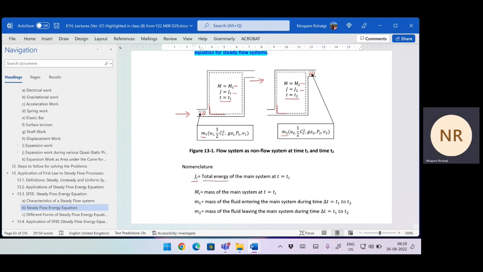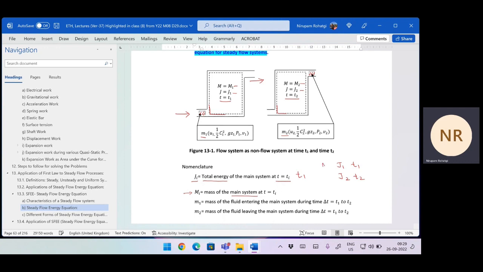It is at time T1. At time T1, this is the energy, and this is the mass of the main system. So on the left side you have J1 at T1, on the right side you have J2 at T2.